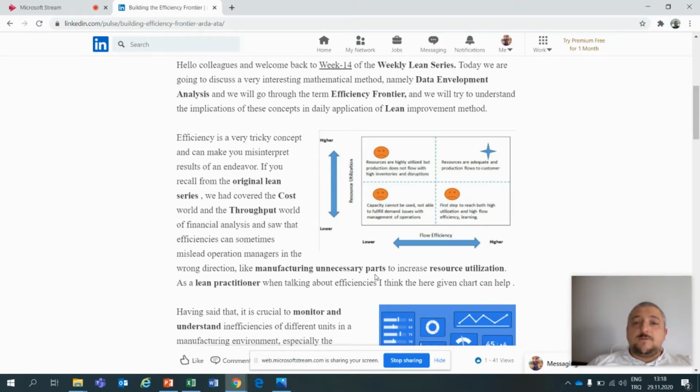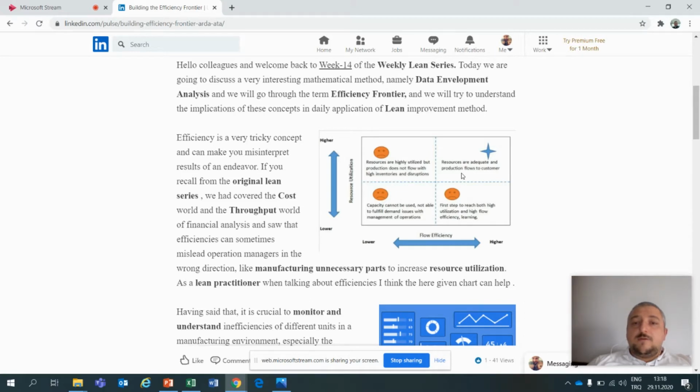So when we talk about efficiency, we are talking about an adequate amount of resources that we do not want to waste, and production flowing to the customer without disruptions, without different types of high inventories, and in accordance with the customer takt.